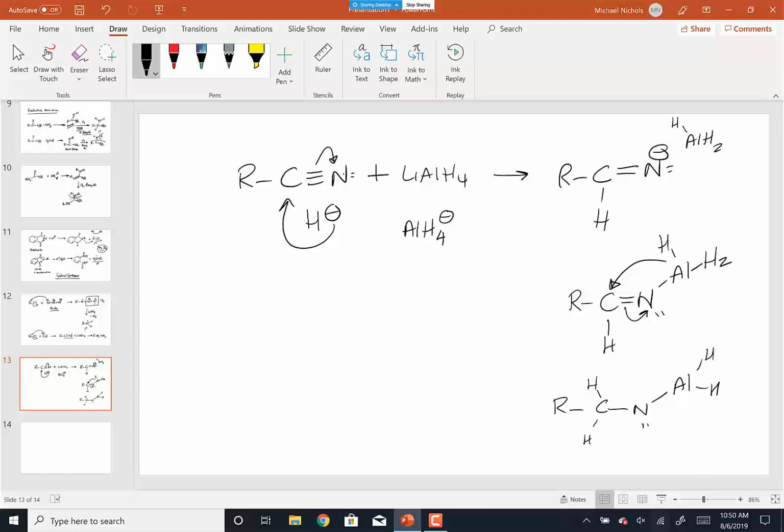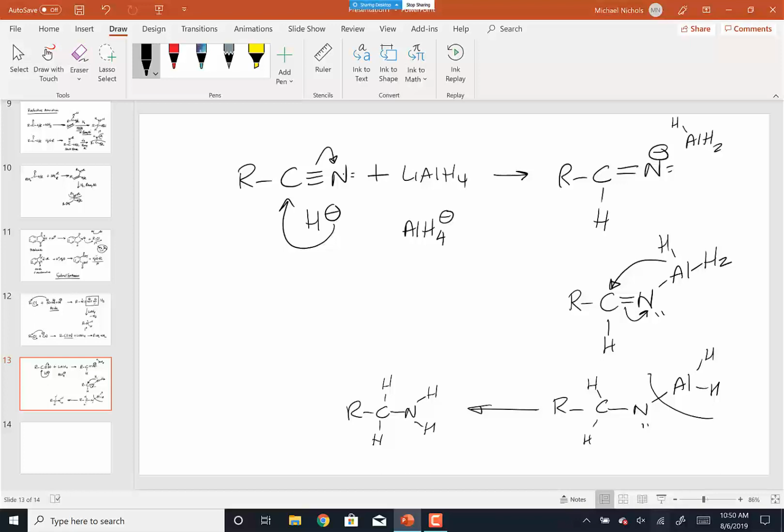So now I have reduced the carbon down to a CH2, and then through a series of steps, which I'm not going to go through, we basically get rid of the aluminum so that the nitrogen will end up picking up 2 hydrogens.